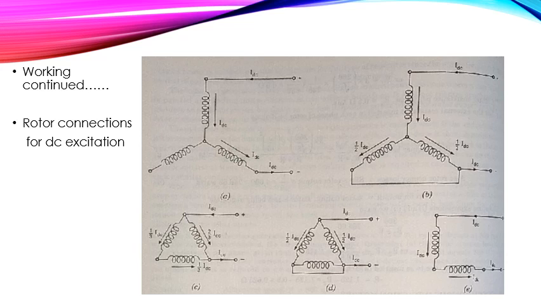In the two lead connection, the winding is star connected and two line terminals are used, as shown in figure A. The two line terminals are used and the third is isolated. In figure B, the two line terminals are connected together, putting their phase windings in parallel.